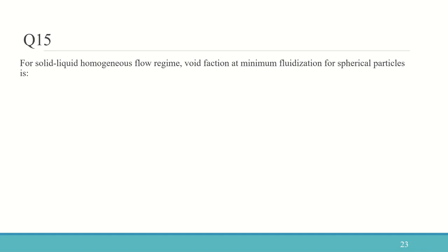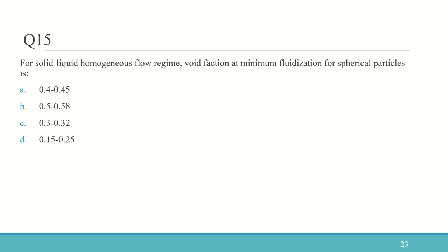In question 15, it is asked that for solid liquid homogeneous flow regime, void fraction at minimum fluidization for spherical particles is: option A 0.4 to 0.45, option B 0.5 to 0.58, option C 0.3 to 0.32, option D 0.15 to 0.25.